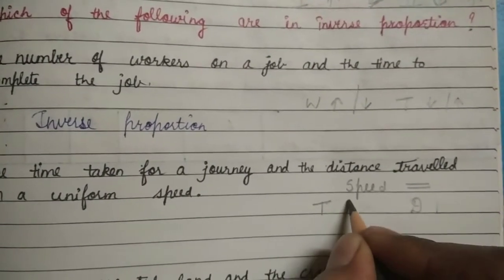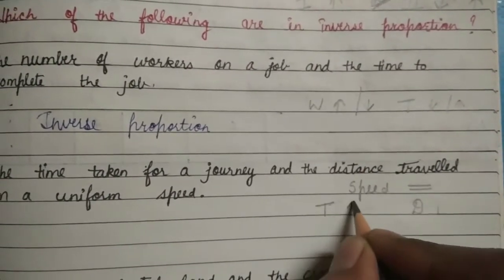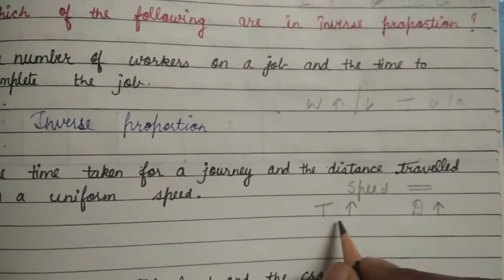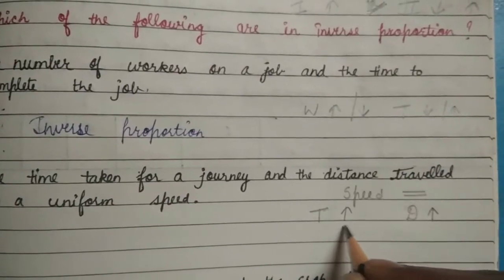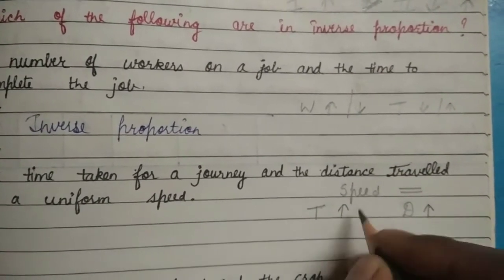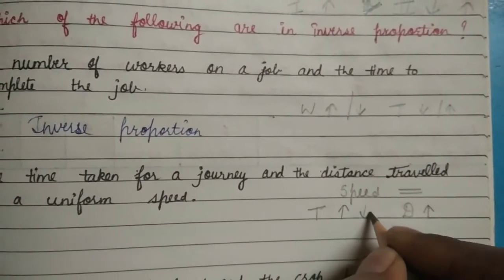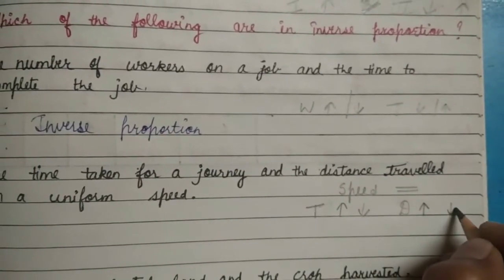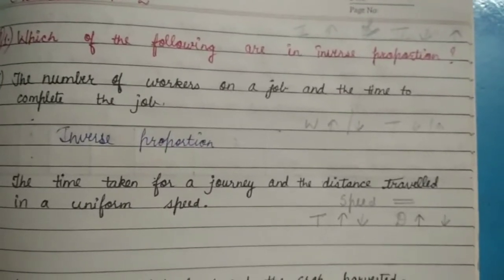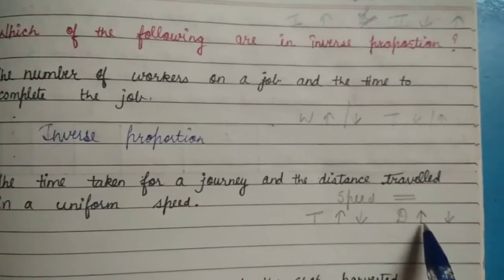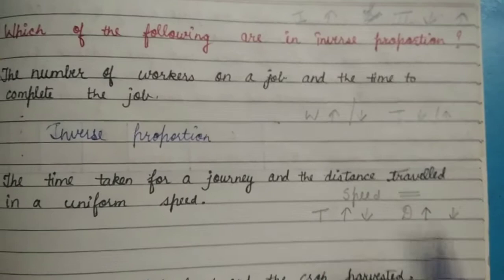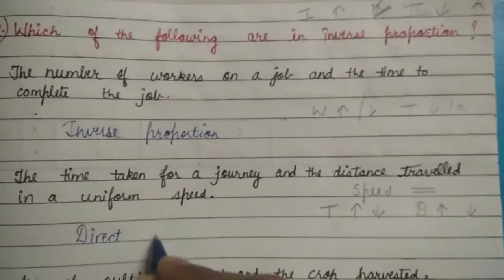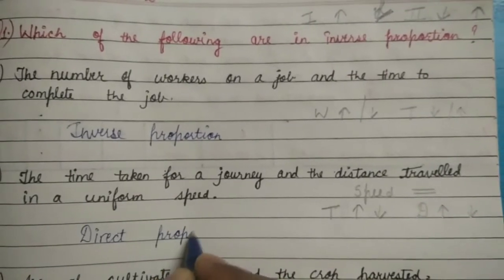If you travel for more time, you can travel more distance, and if you travel for less time, you can cover less distance. It means both increase and decrease together. So here we have direct proportion.